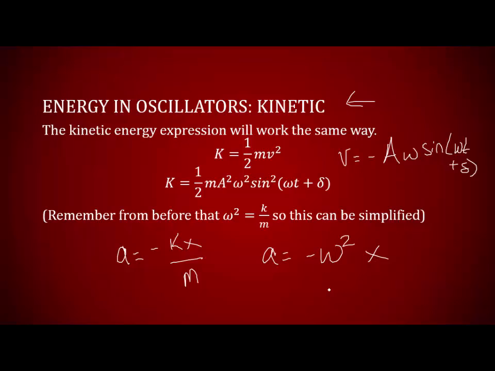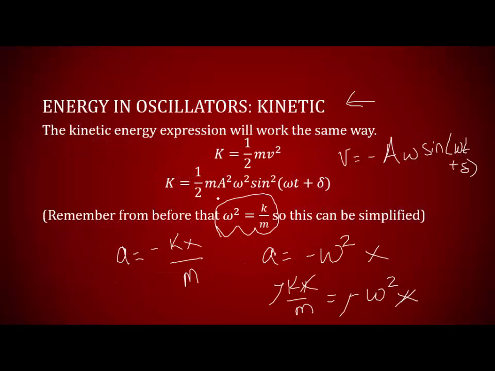So it's possible that I could combine these two ideas and say that negative kx over m equals negative omega squared x. Then I can cancel that out, and I'm left with this idea, that omega squared equals k over m.